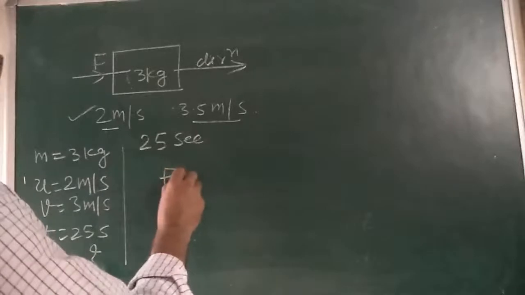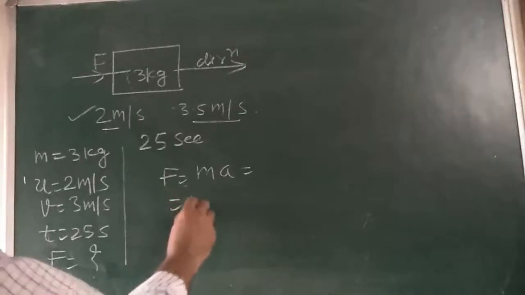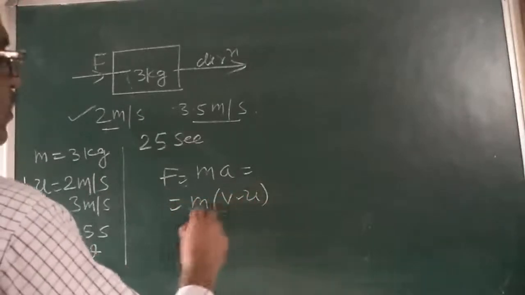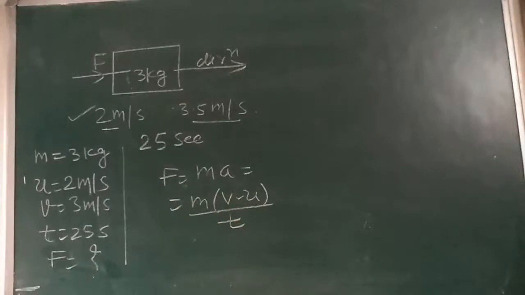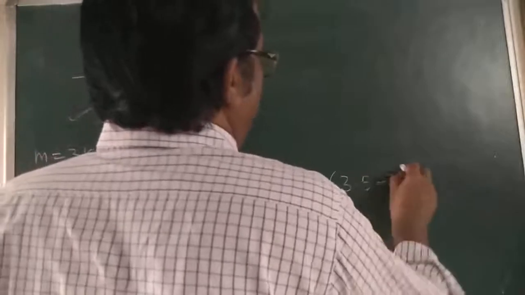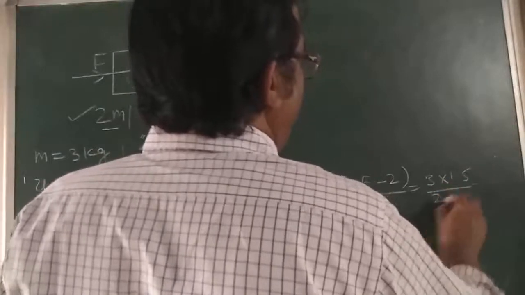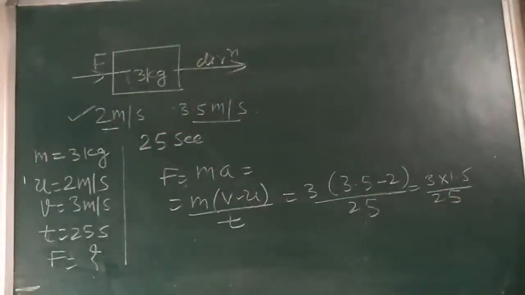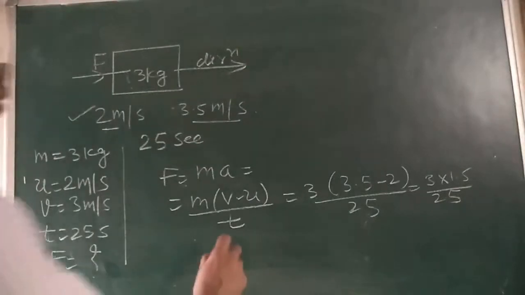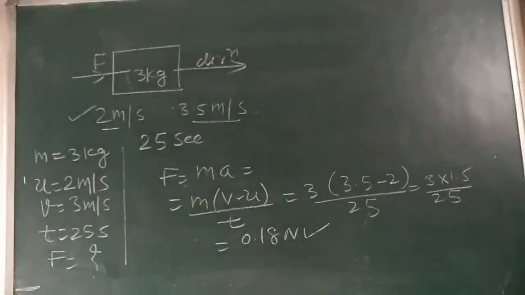Our formula is force is equal to mass into acceleration, mass into the rate of change of velocity with time, that is v minus u upon t. So I can write 3 into (3.5 minus 2) divided by 25, that is 3 into 1.5 divided by 25. Solve it, you will get the answer 0.18 Newton. This is the answer here. So it's a very simple numerical.